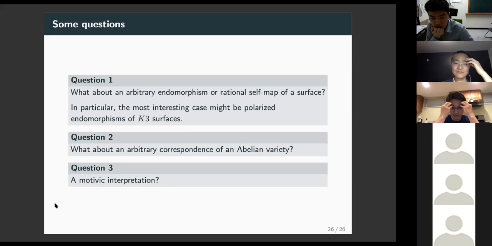Okay, I have a question. For abelian varieties, you prove that lambda_k equals chi_2k, right?